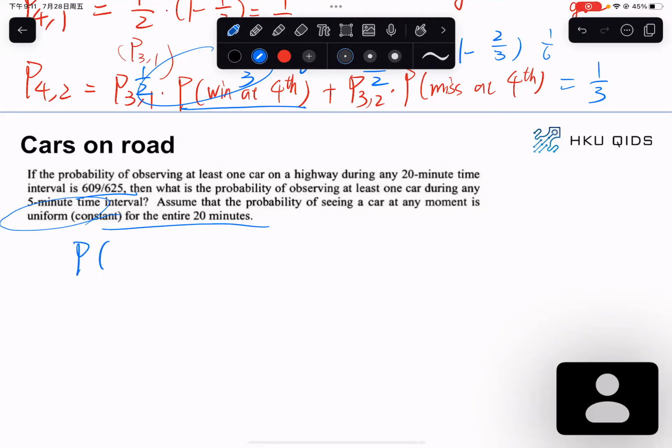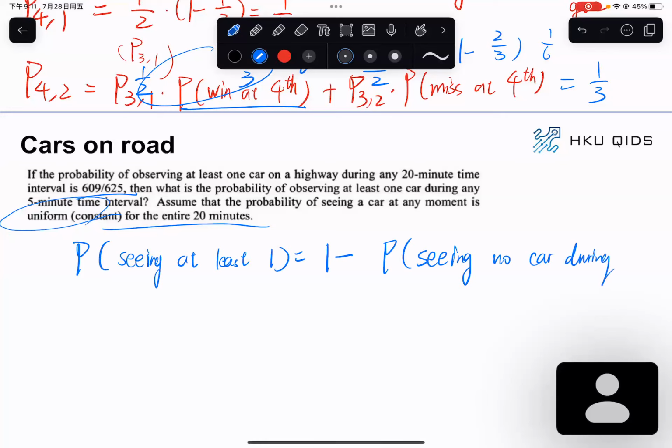So the probability of seeing at least one car is just 1 minus the probability of seeing no car during all 5-minute intervals, okay?